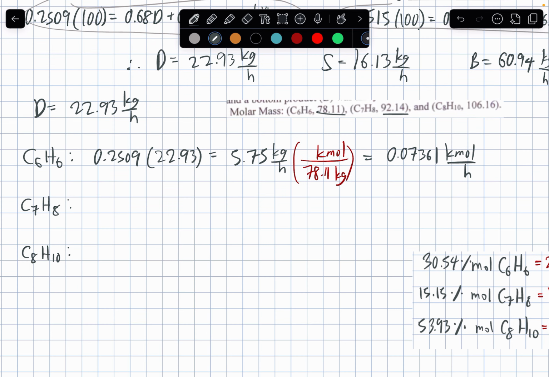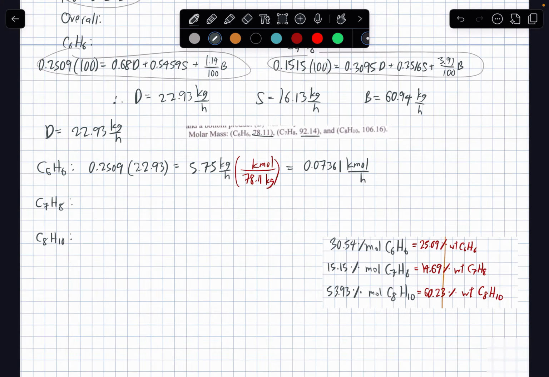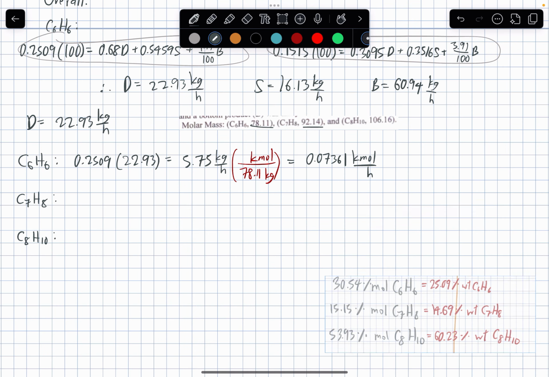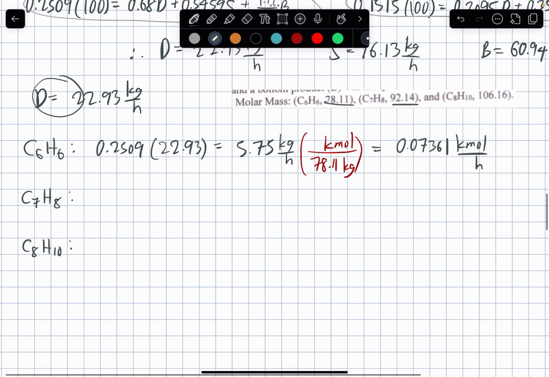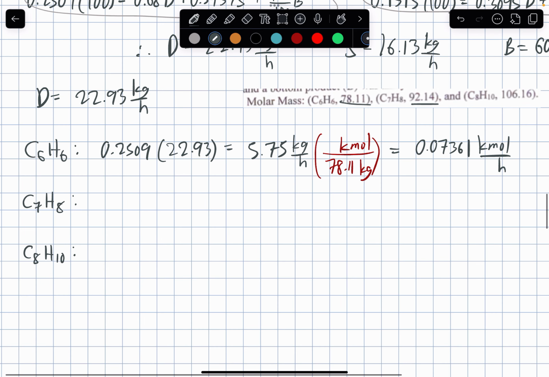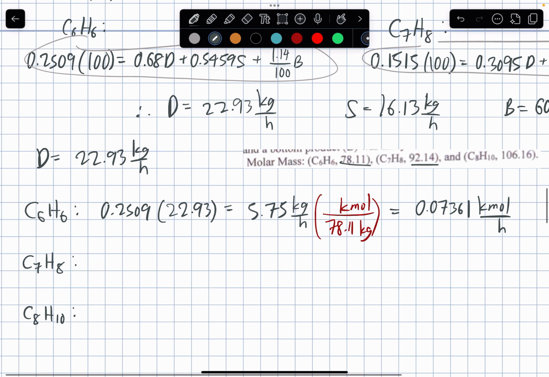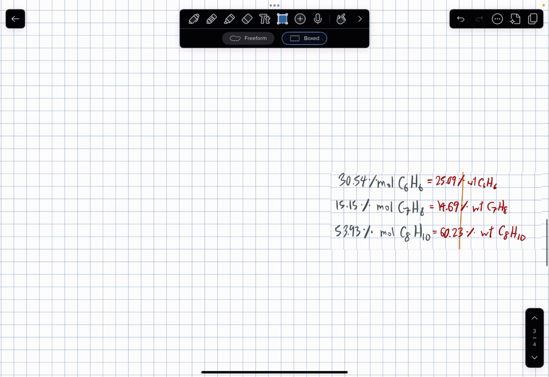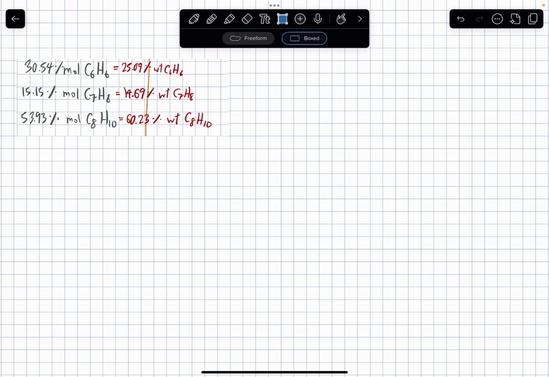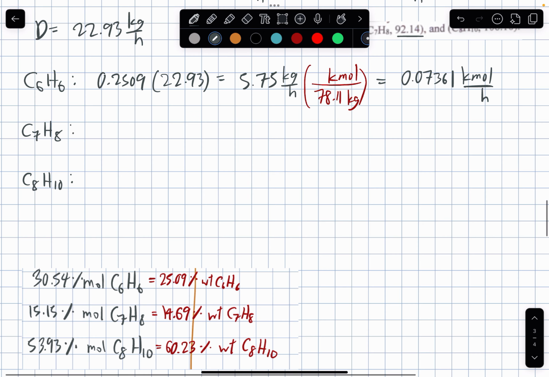So let's do the same thing for these two, and we find their sums. That should give us D expressed in terms of mole per hour. Sounds like a plan, no? Let's do it. 0.1469, this one.